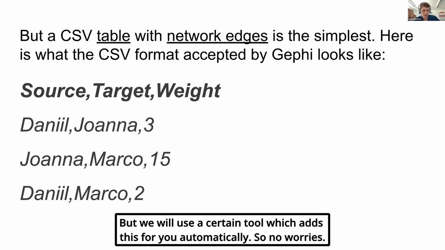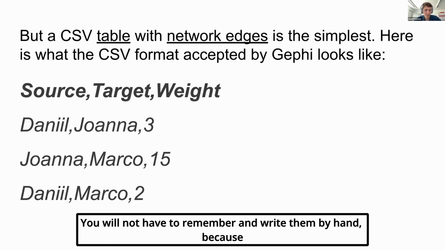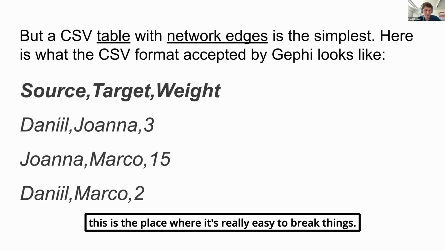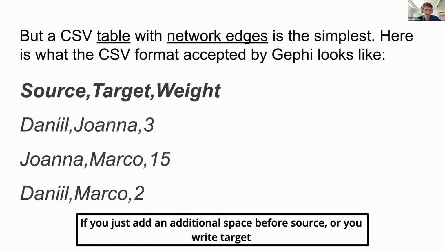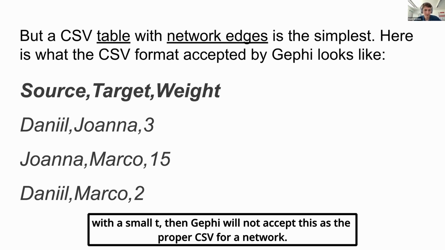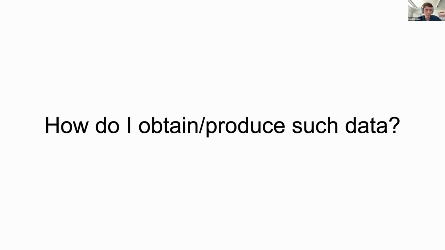But we will use a certain tool which adds this for you automatically, so no worries. You will not have to remember and write them by hand, because this is the place where it's really easy to break things. If you just add an additional space before source, or you write target with a small t, then Gephi will not accept this as a proper CSV for a network, and your network will not work.